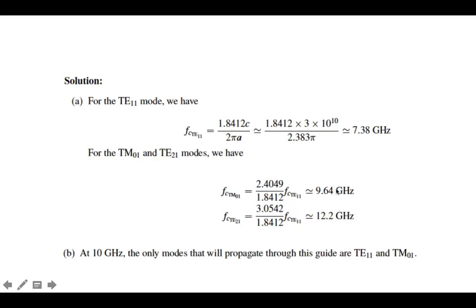So a 10 gigahertz wave will propagate in the TE11 and the TM01 mode. And then you can see that the TE21 mode has a cutoff of 12.2 gigahertz, so the 10 gigahertz wave will not propagate in that mode because the frequency is below 12.2. So once again, the cutoff frequency cuts off frequencies lower than the frequency of interest, but not higher.